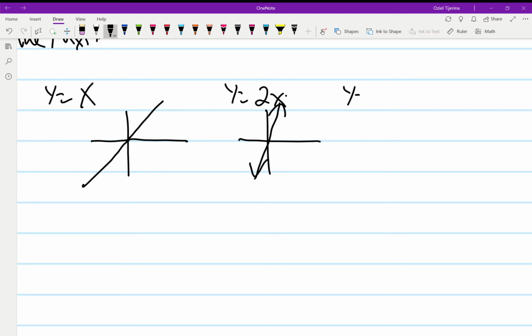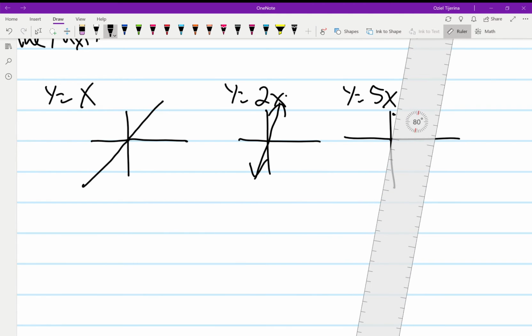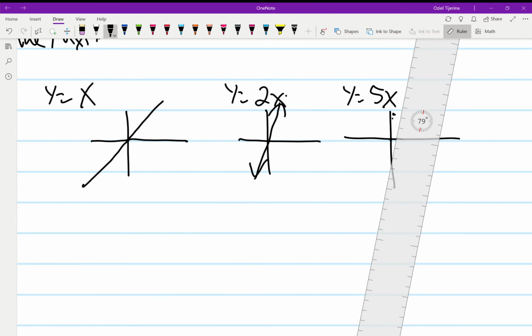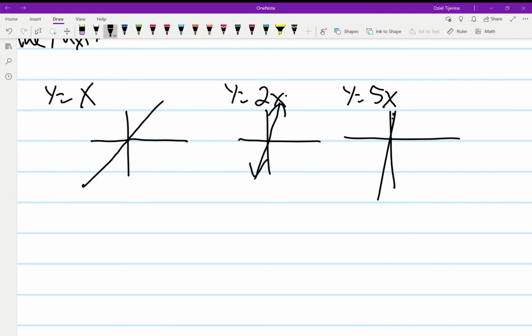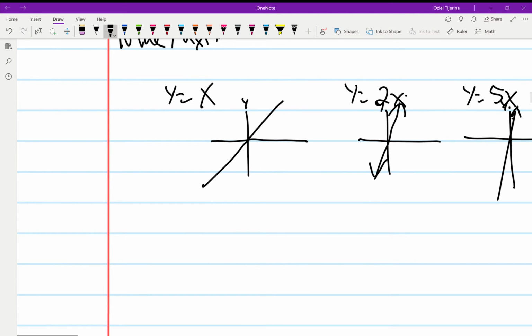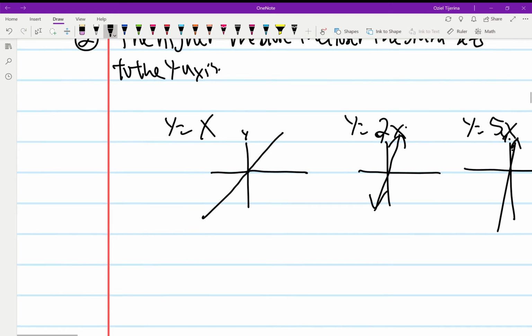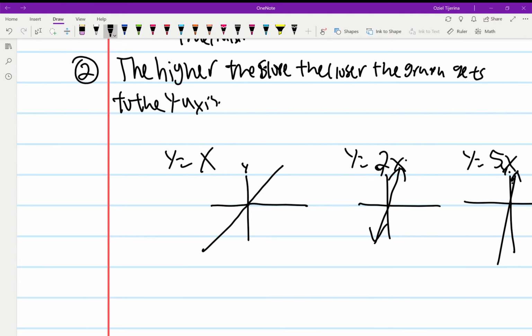Or if we have y equals 5x, it would probably be something like this. And this is the y-axis right here. So the higher the slope gets, the closer the graph gets to the y-axis.